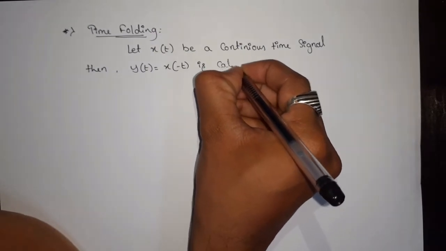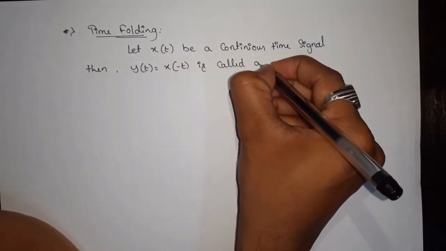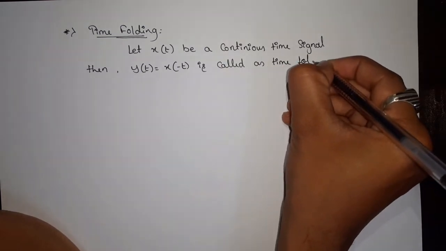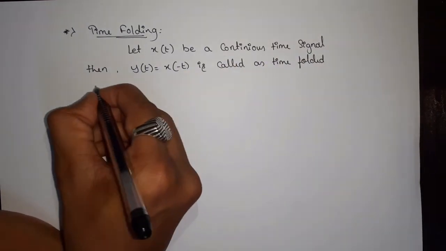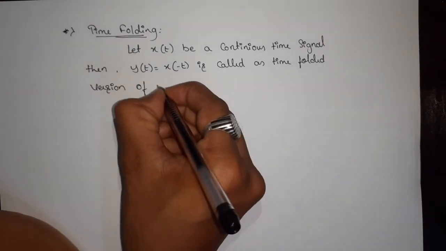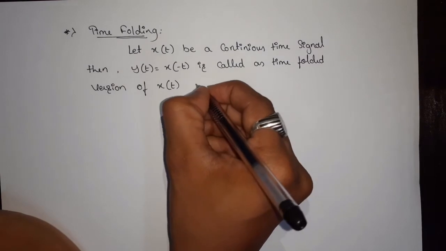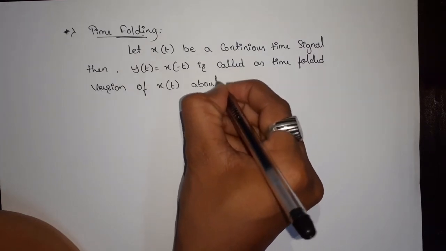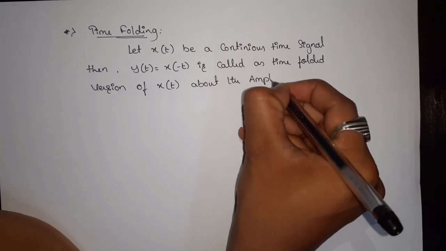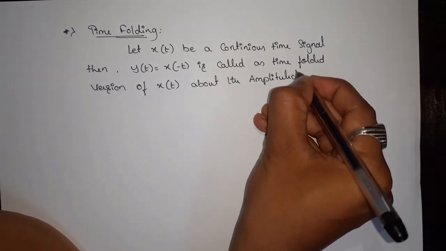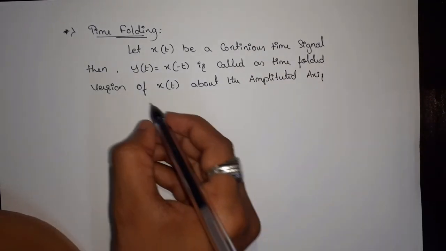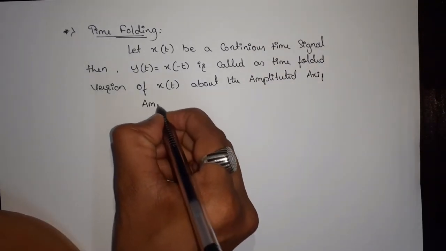is called a time folded version of x of t about the amplitude axis. Okay, and remember, amplitude remains the same.